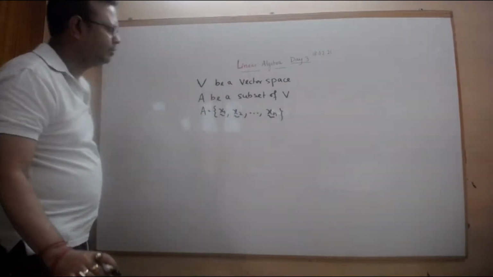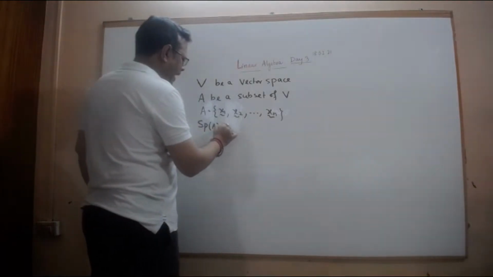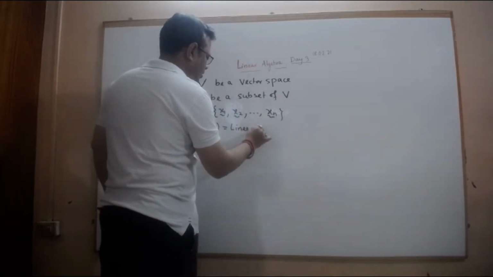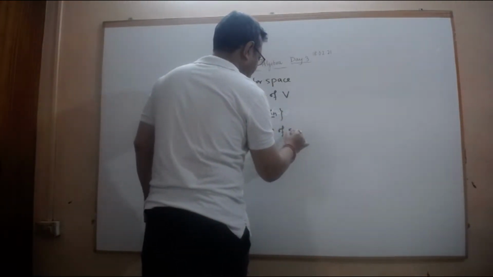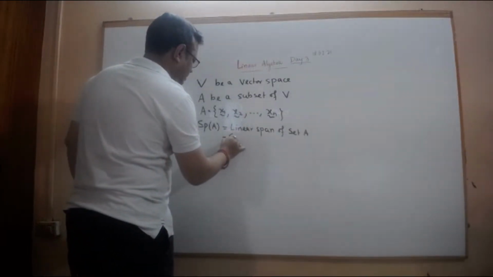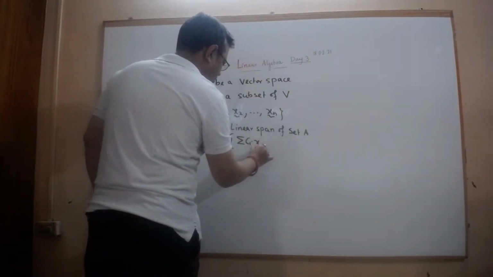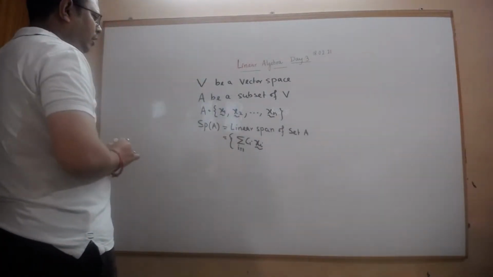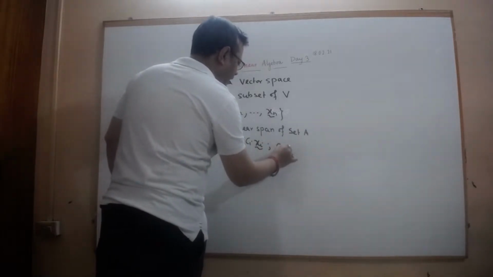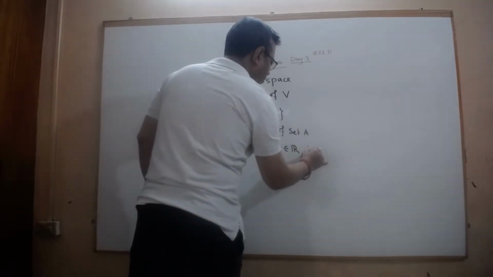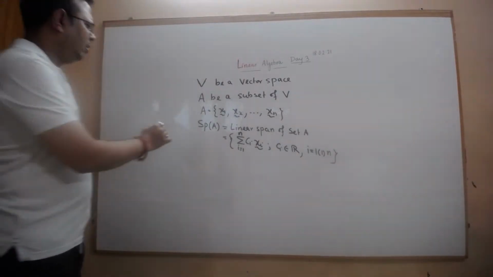Then span A, this is the linear span of set A, that is the collection of vectors which are linear combinations of x1, x2, ..., xn, where Ci belongs to R, i from 1 to n. So this is called linear span.